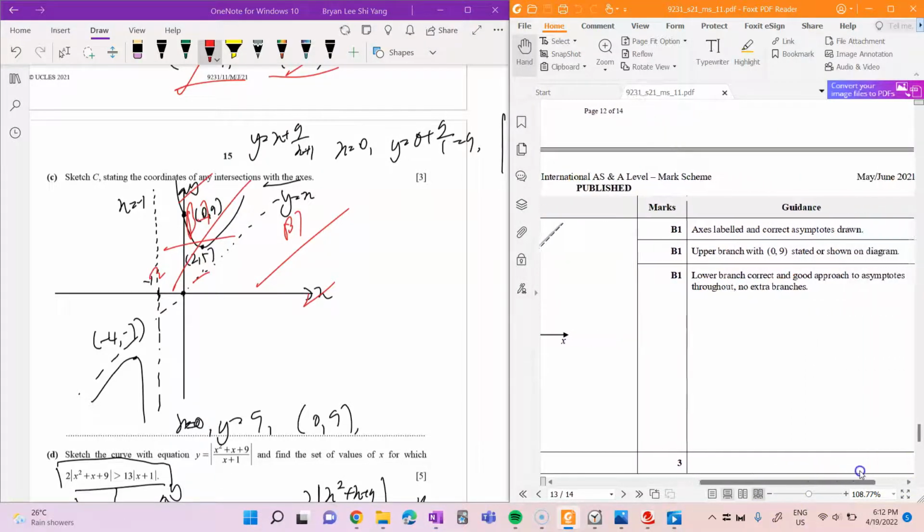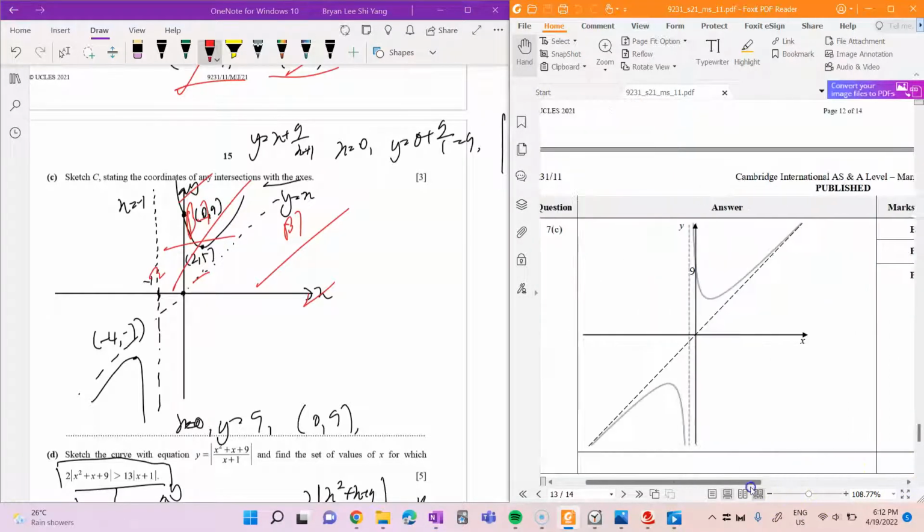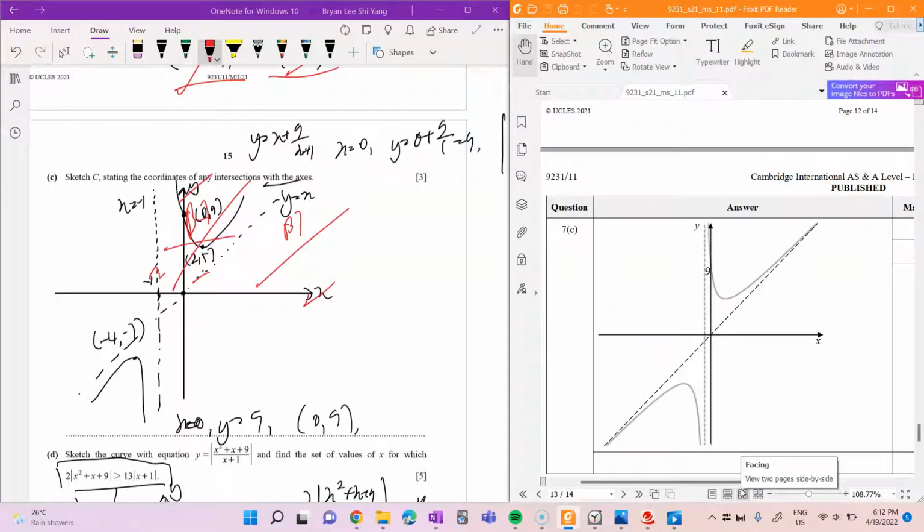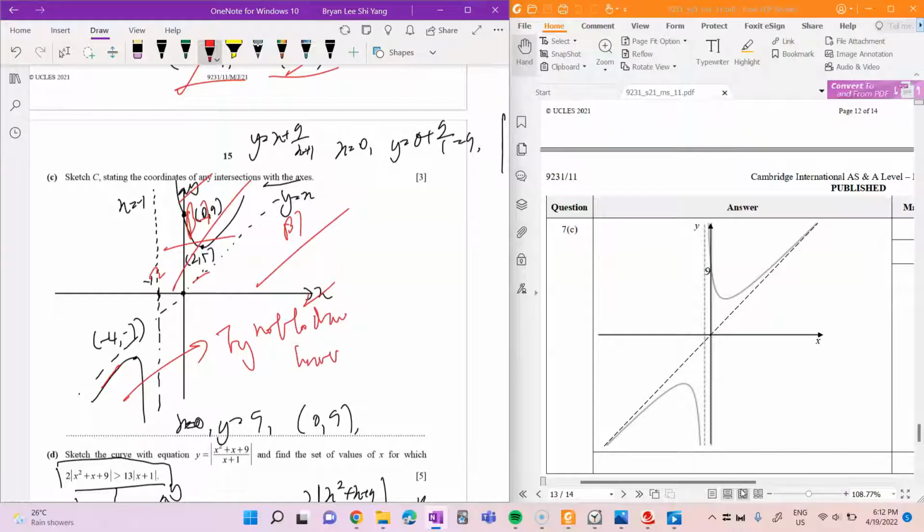Lower branch, correct and good approach to asymptotes throughout, no extra branches. This one, I don't know if that might be linear, but this one should be a bit of an approaching shape. I don't know if that makes sense. And one thing to note is that you shouldn't draw hairy lines throughout, so try not to draw hairy lines. But I think I'll be lenient this time, and I'll mark myself this mark.